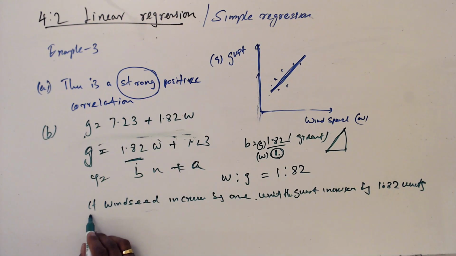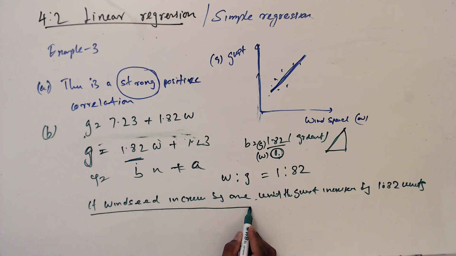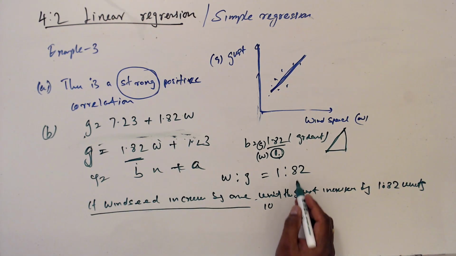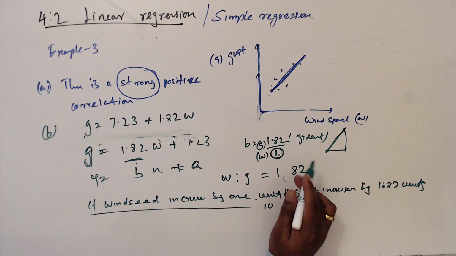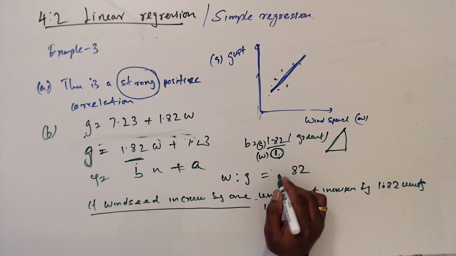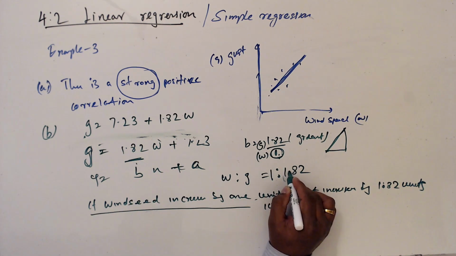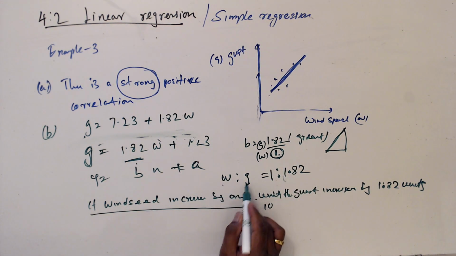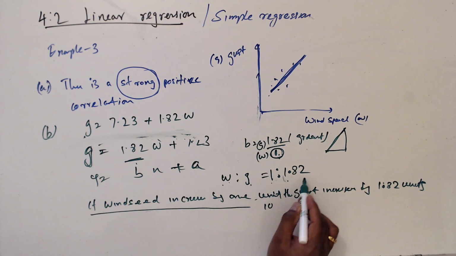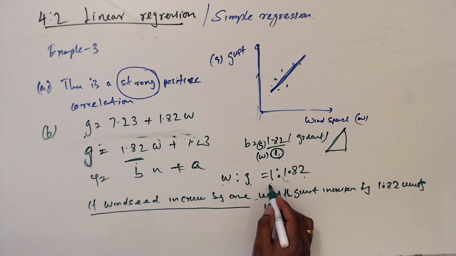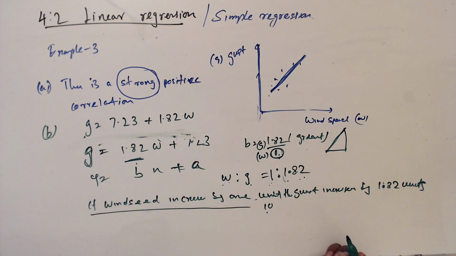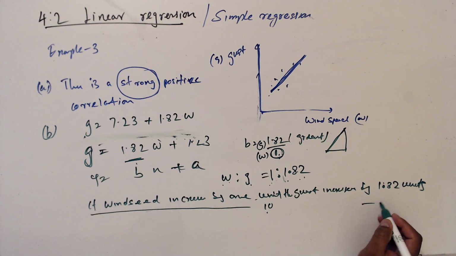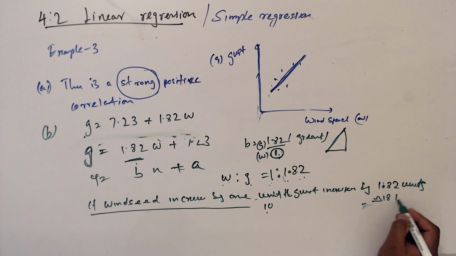Or you can say that if wind increases by 10 units, with the ratio W to G of 1 to 1.82, it is going to be 18.2, or roughly approximately 18 knots.